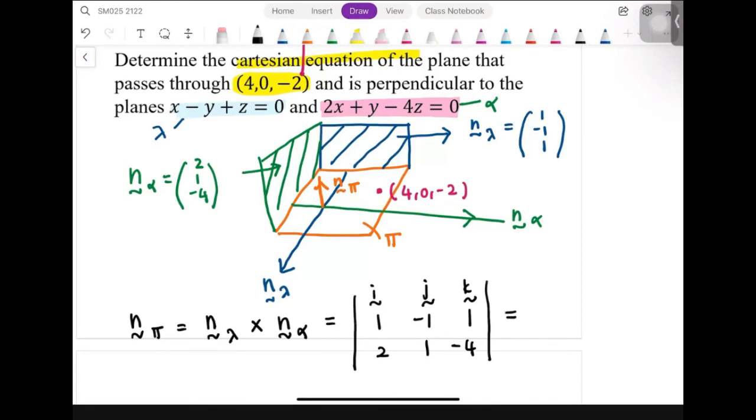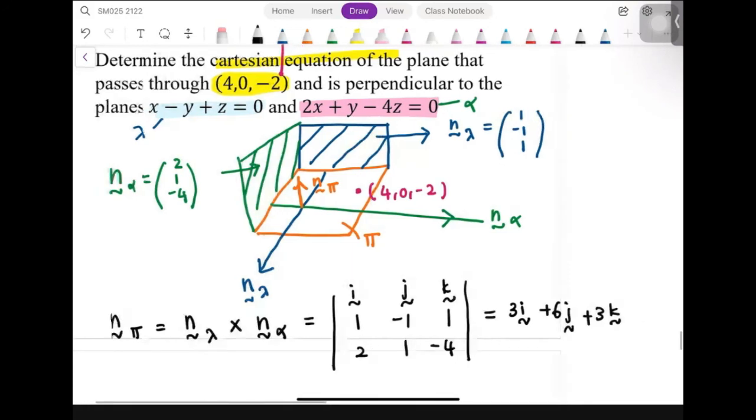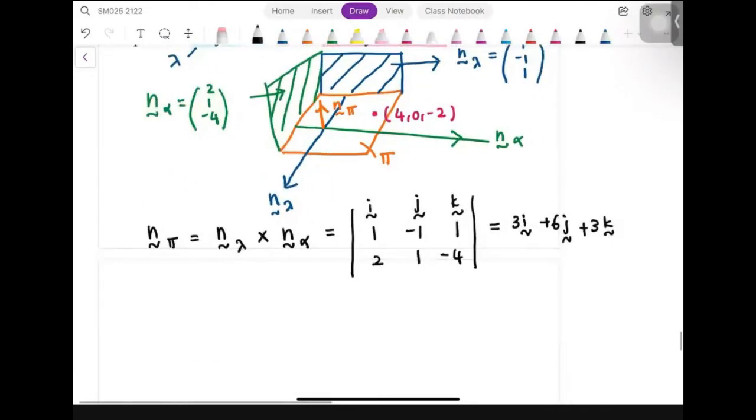So, perform cross product, we may get 3i plus 6j plus 3k. Kalau awak buat terbalik, awak buat yang 2, 1, negative 4 cross with 1, negative 1, 1, boleh tak salah. Nanti awak dapatlah negative 3i minus 6j minus 3k. Dia terbalik sign je. Dia tak kisah yang tu. Okay. Settle that part.